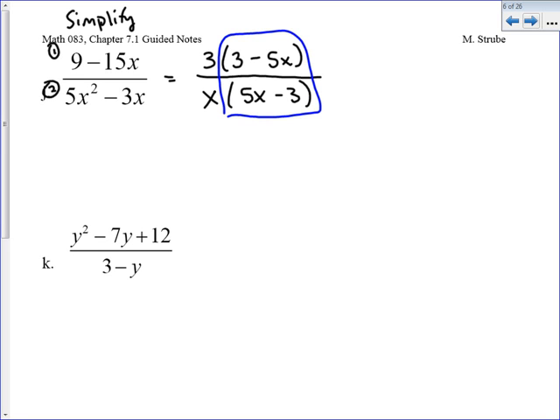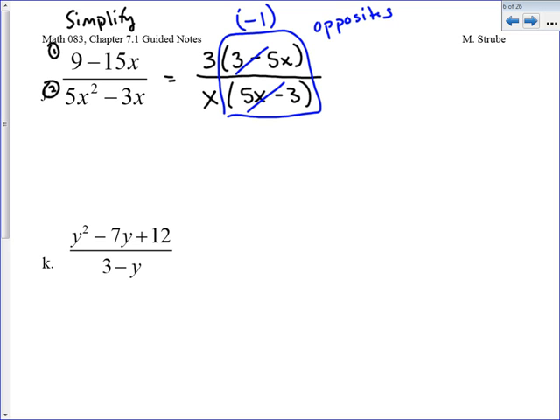This is your case of opposites. They're both subtraction, but the order in one is flipped. I can still cancel them, but when I have opposites, what's left behind? Negative 1.